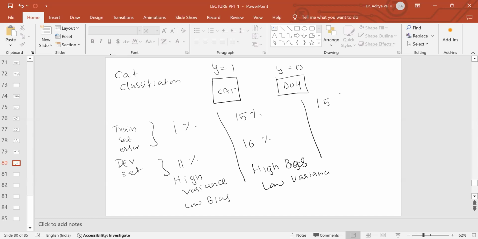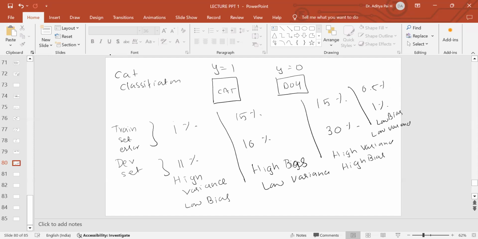When your training set error is 15% and dev set error is 30%, it is high variance and high bias. In the same way, if the training set error is 0.5% and dev set error is 1%, then it is low bias and low variance.